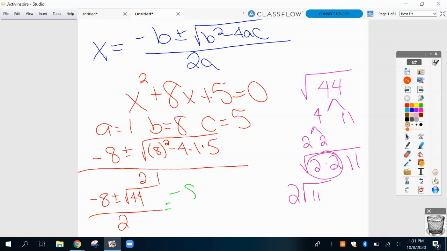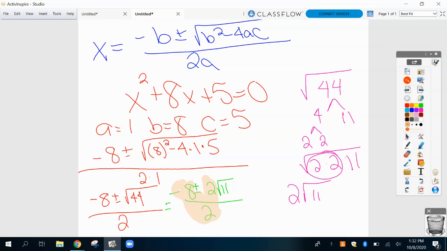So now I have negative 8 plus or minus 2 square root 11 all over 2. And then I'm going to look at all my outside numbers, and I'm going to see if I can reduce them by anything. And I can reduce those all by 2.